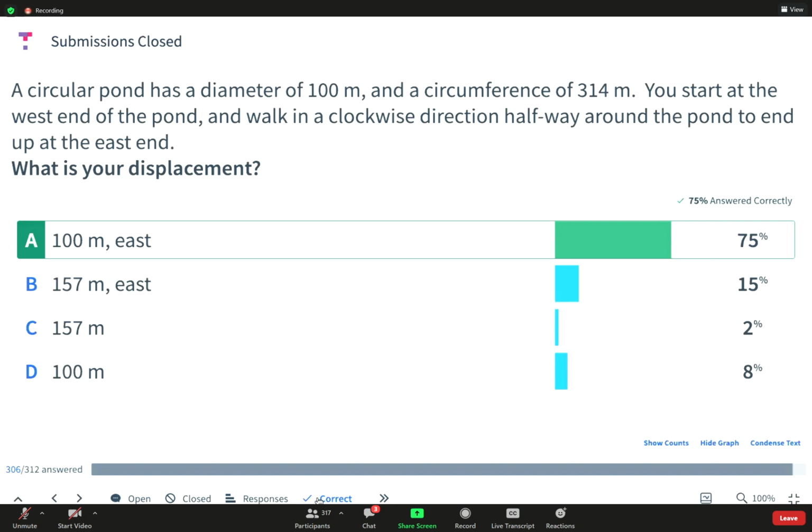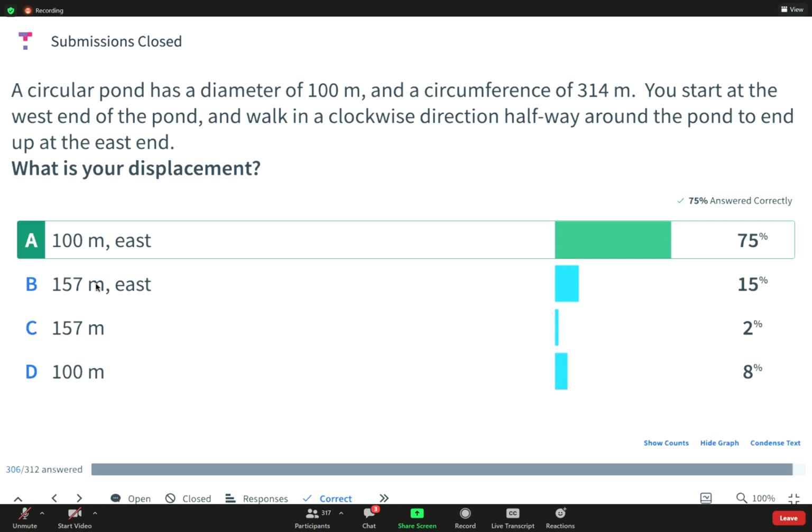The reason why that's the answer is because displacement is always going to be a vector. Because it's a vector quantity, that eliminates answers C and D. So the question is then, is it 100 meters east or 157 meters east?